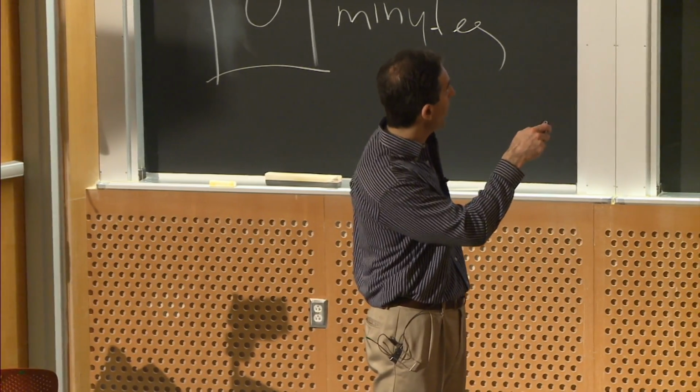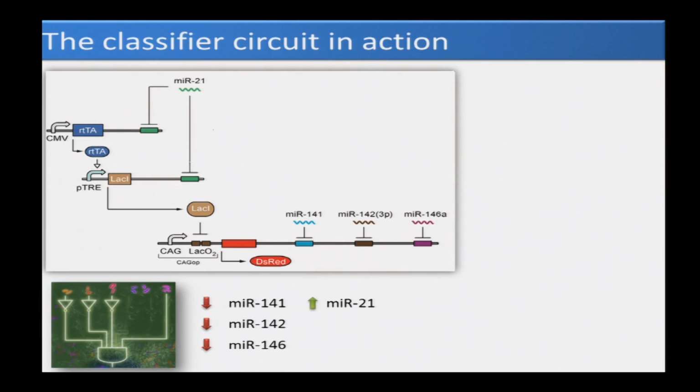But here, the NOT operation is actually useful. It can convert a microRNA sensor into something that can be integrated with other sensors to create the 4-input logic function. So this microRNA has to be high in order to repress this repressor, which then represses the final output. Right? So the only time that the final output can be high is when this is high and these 3 are low.